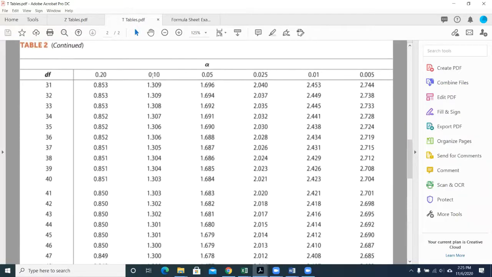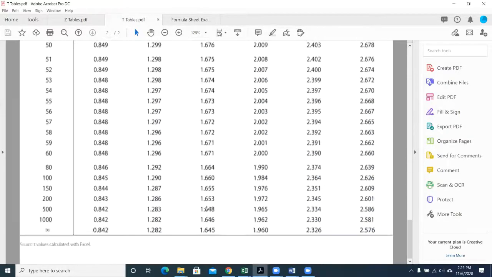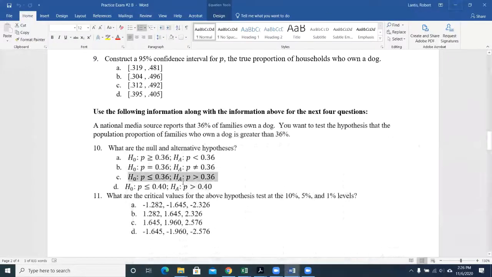So I can look them all up pretty quick. 0.1, 0.05, and 0.01 for a standard normal distribution would be 1.282, 1.645, 2.326, which is exactly the values that we see right here.